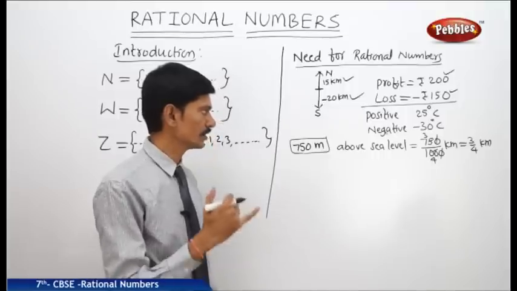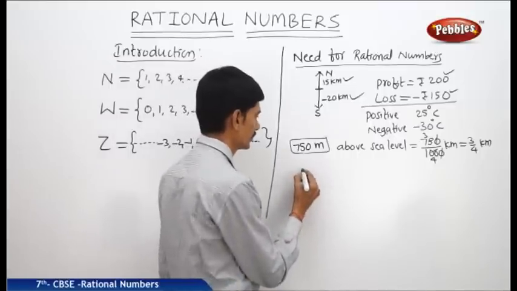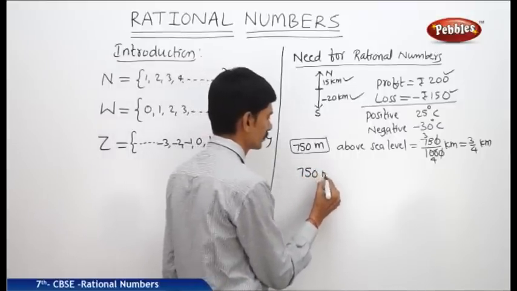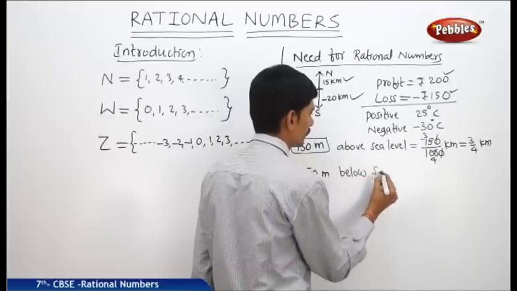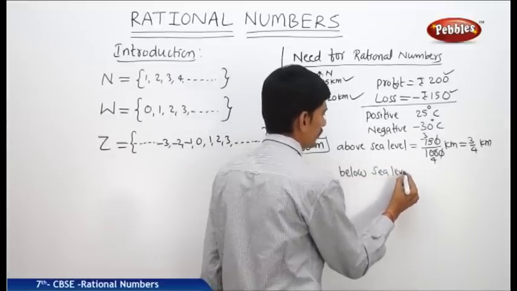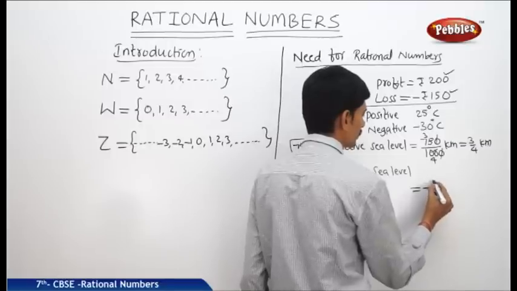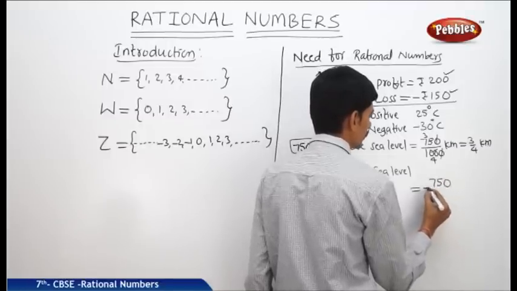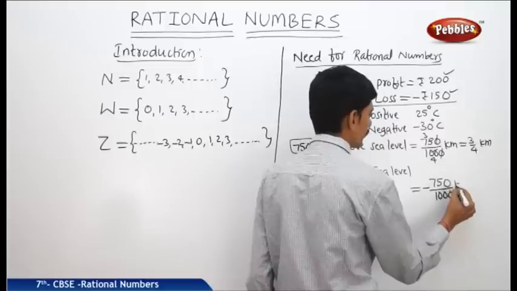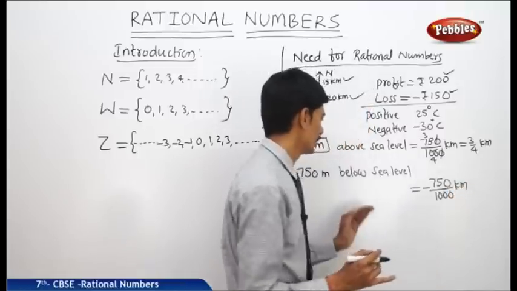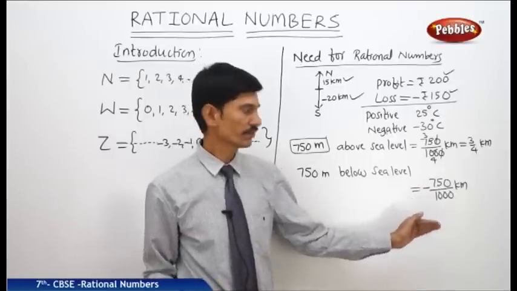Now if we consider the same distance below sea level, 750 meters below sea level, how do we represent it? This equals minus 750 by 1000 kilometers, when we convert meters into kilometers.